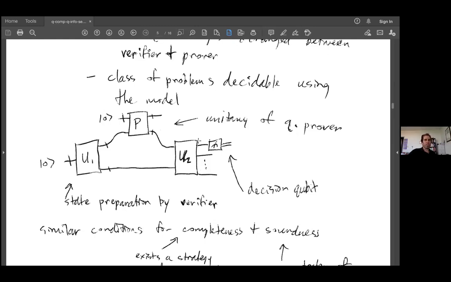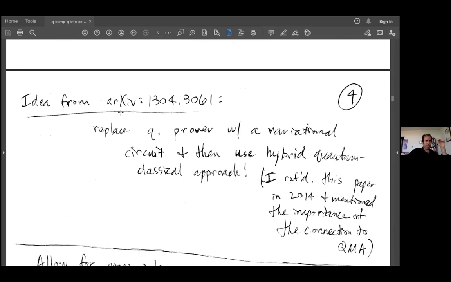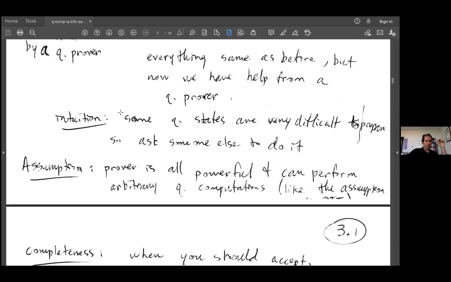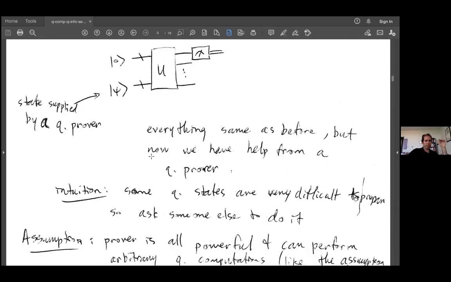We're going to see a test for symmetry. And then the verifier will measure the decision qubit and accept if the outcome is 1 and reject if the outcome is 0. Okay. And then it's conceptually similar to QMA, except now we have two messages exchanged between the prover and verifier rather than just one message exchanged from the prover to the verifier.